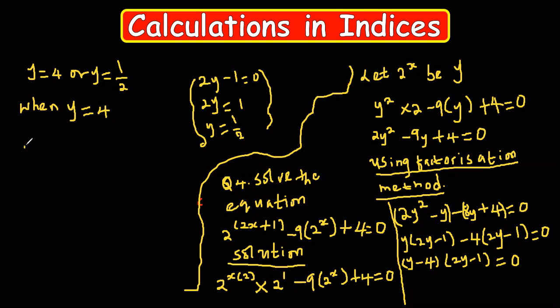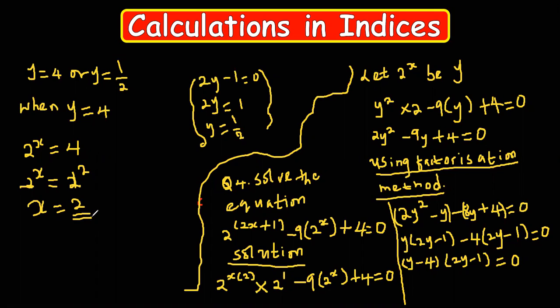Remember that our y represents 2 raised to the power of x, so 2 raised to the power of x is equal to 4. So we simplify now. Let's make it the same base, 2 raised to the power of 2, and then the bases take care of themselves. So we should have x equal to 2 here.